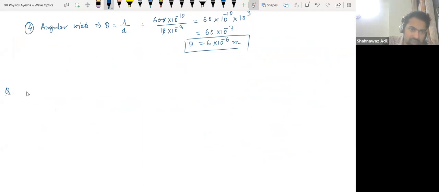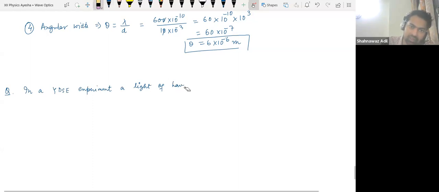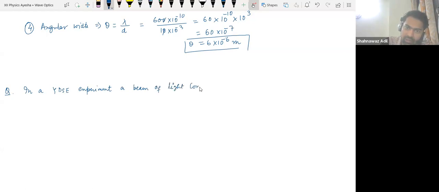The question is that in the YDSE experiment, a beam of light consisting of two wavelengths, 600 nanometer and 800 nanometer, is used.